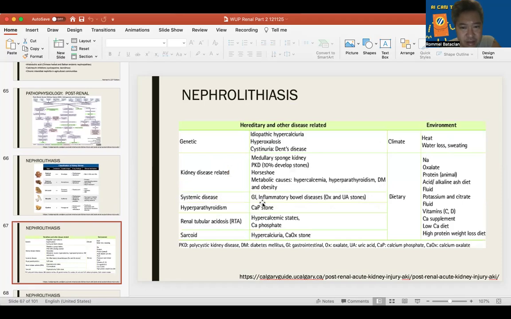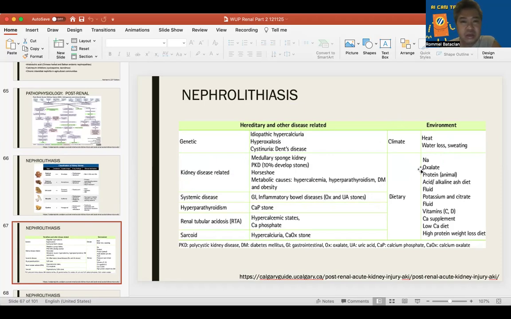So, in addition to those factors, heat, water loss, and sweating are very important determinants. That's why nephrolithiasis has a very high incidence and prevalence in our country. Diet plays an important role, especially if it's high sodium and high protein intake, which leads to a more acidic urine.